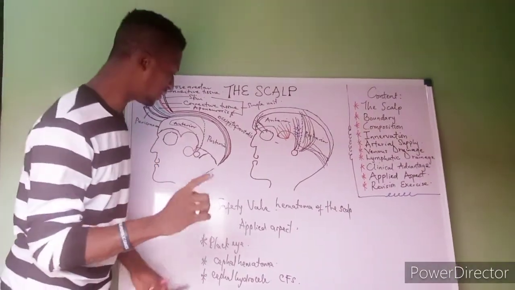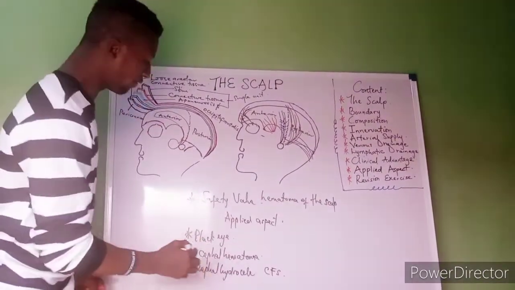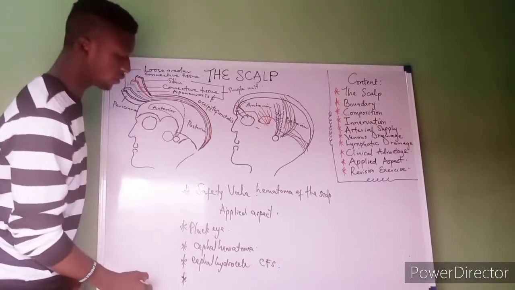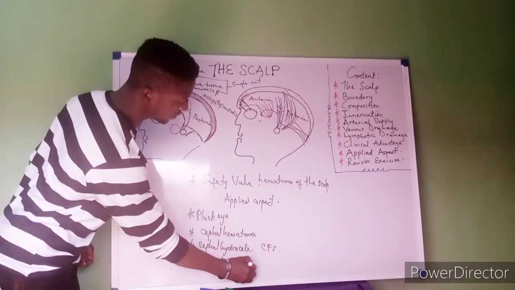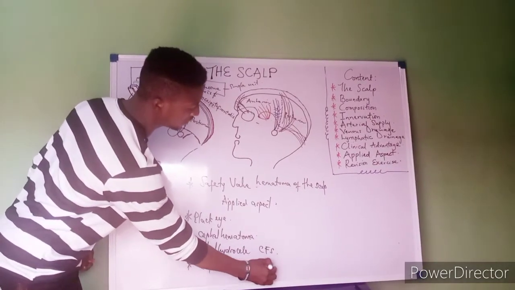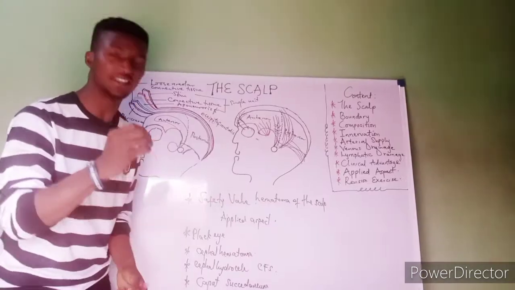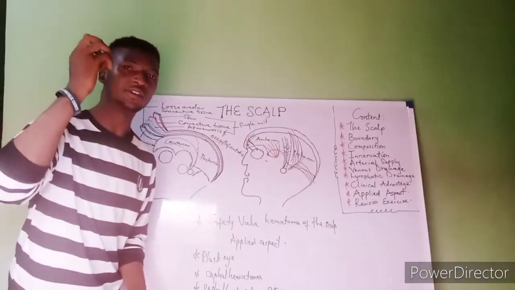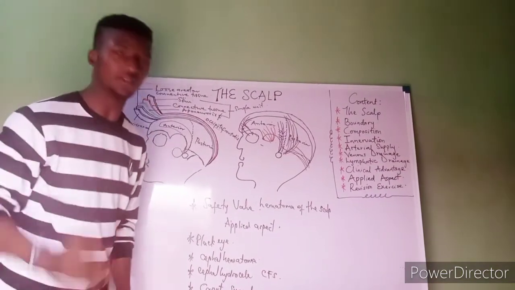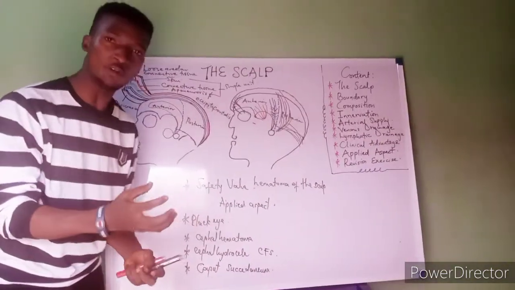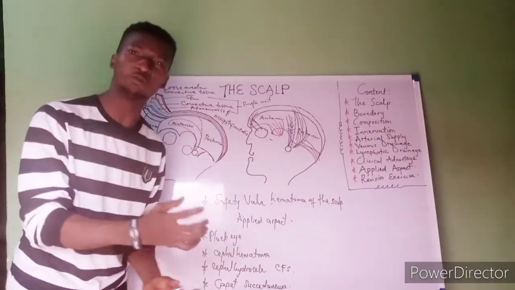Now, I want you to get this clear. Cephal hematoma is quite different from caput succedaneum. Caput succedaneum is a swelling that arises in the region of the scalp of a newborn baby as a result of the restriction to the flow of cerebrospinal fluid.